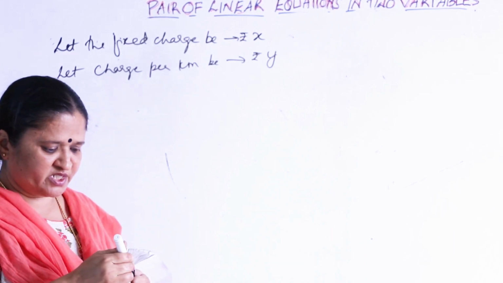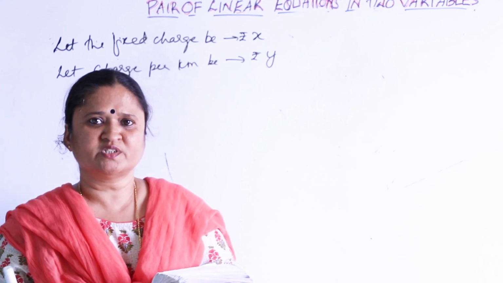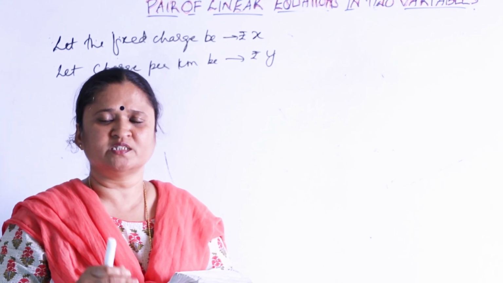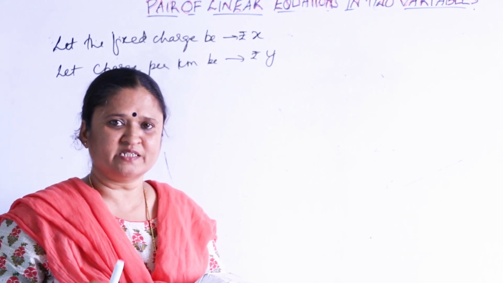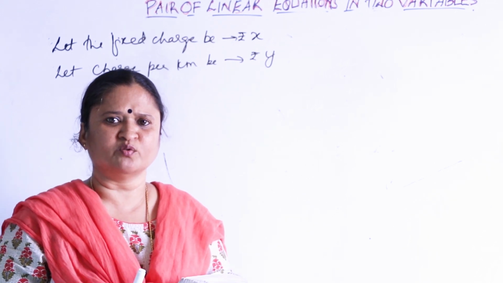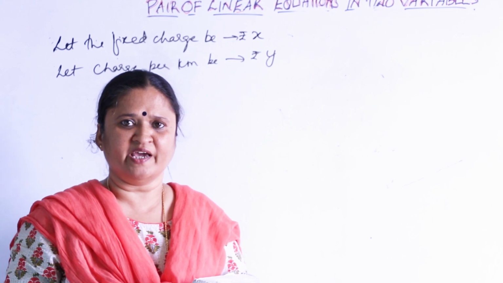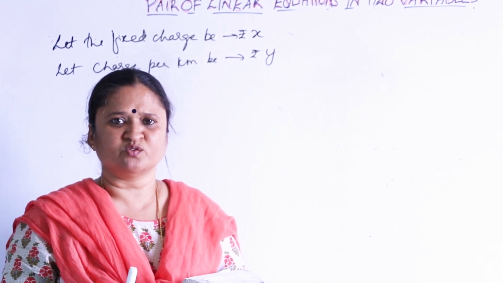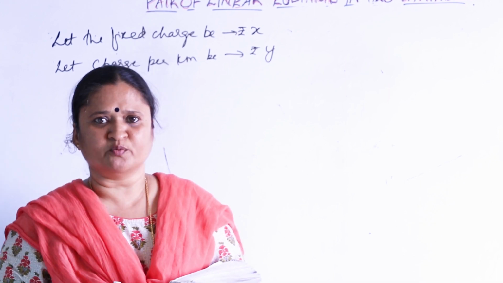See, whenever we travel by a cab or auto, every city will have its own standards, rules. The bigger the city, the distance fixed will be smaller. Let's assume in a place A, the fixed charge, once you get into an auto, they say minimum is 20 rupees.